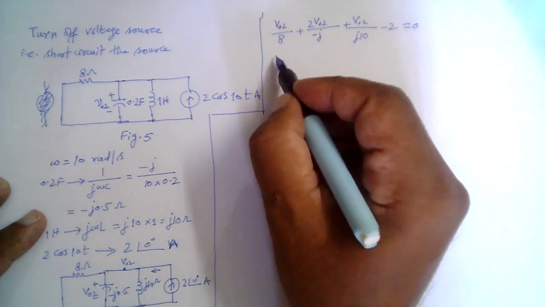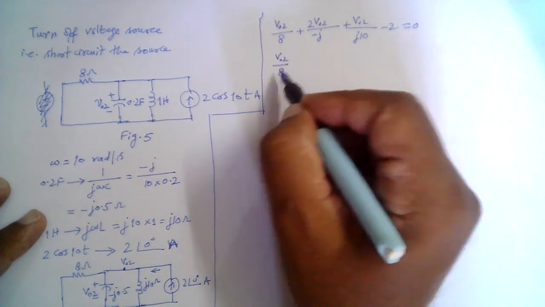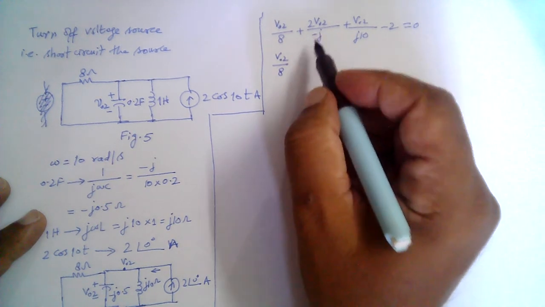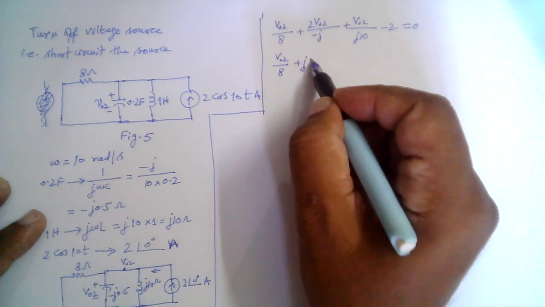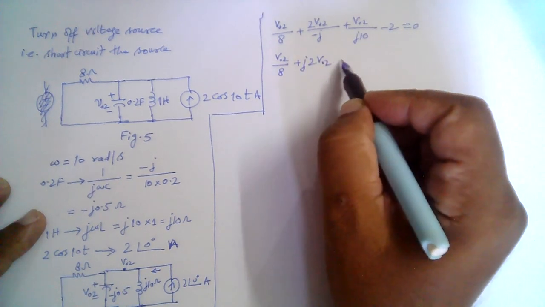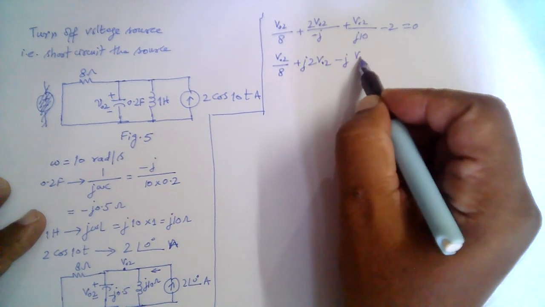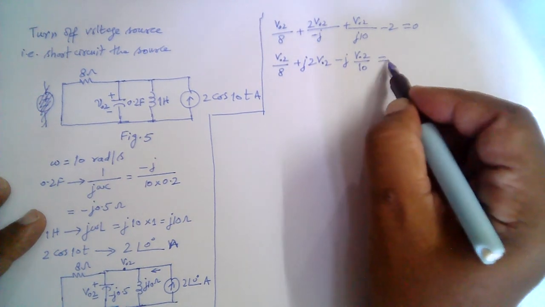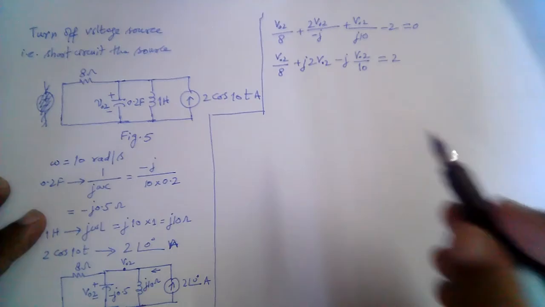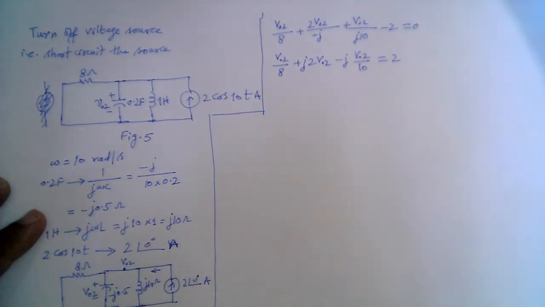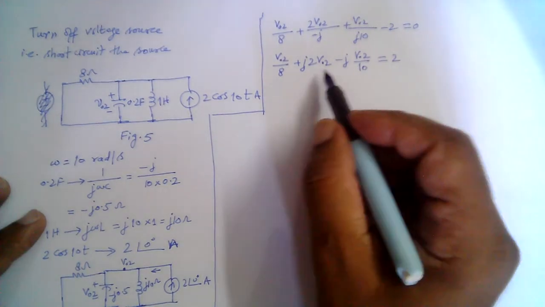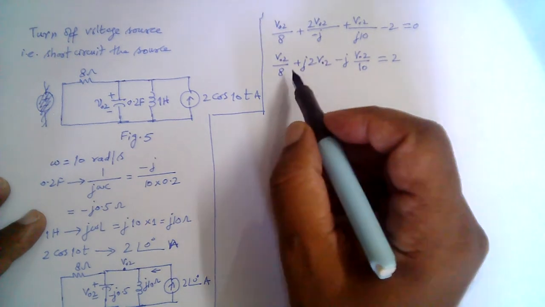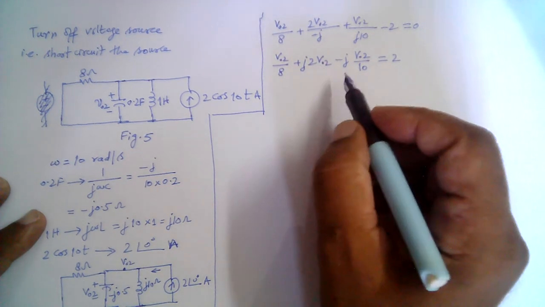So V02 over 8, and this is minus j, and when j goes up it will be minus again, so minus minus plus, plus j2 V02, and minus j V02 over 10, and we take the constant term on the right side, right? So this is the modified form of this equation here, and we can multiply it throughout by 40, right?